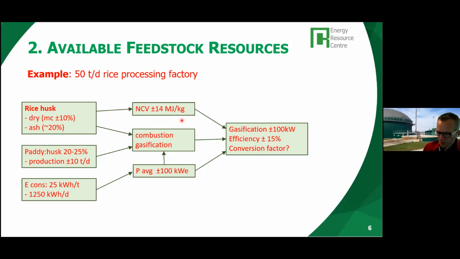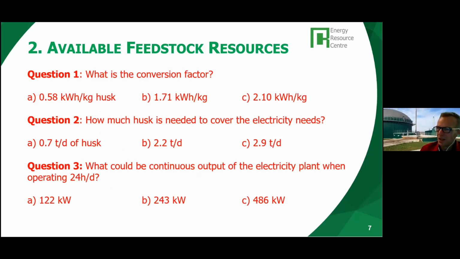If you divide it by 3.6, you get the heating value in kilowatt hours, which is about 3.9 kilowatt hours per kilogram. Multiply that by the efficiency of 15%, and you get 0.58 kilowatt hours per kilogram of rice husk.